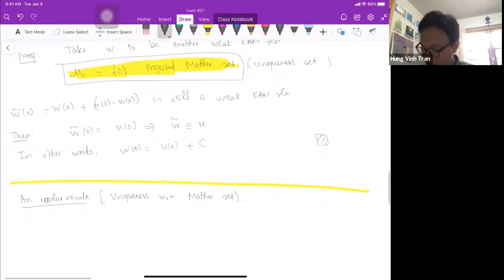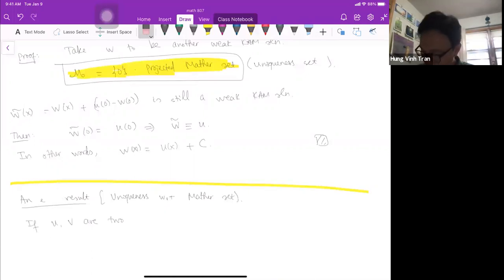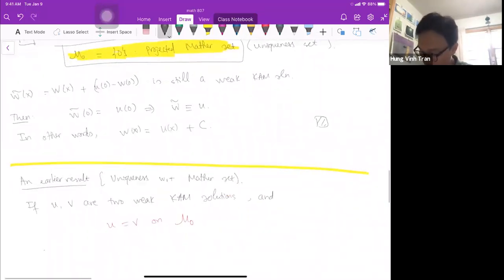So the earlier result we proved was that if U and V are two Wickham solutions, and if U equals V on the projected matter set, then U equals V on the torus.